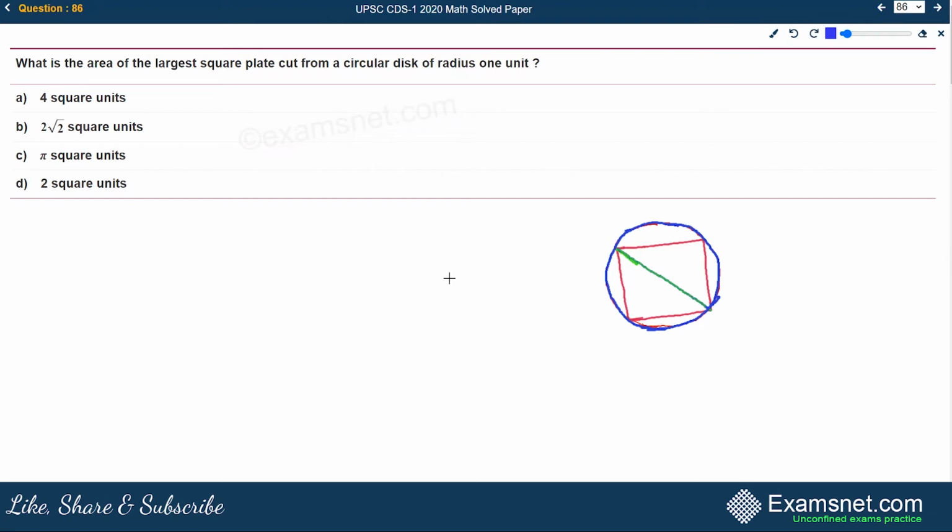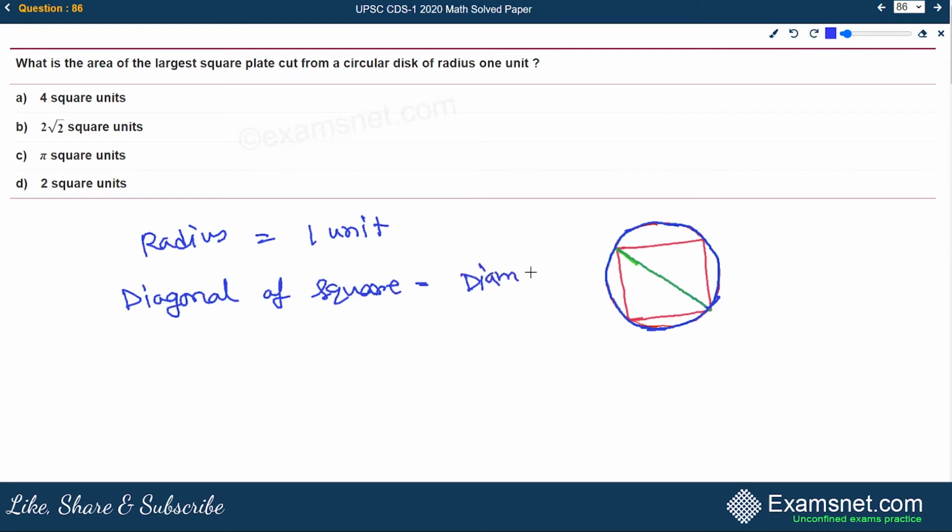Here, the radius of this circular disc is 1 unit. Now the concept that we are going to use, as you can see in the figure, diagonal of square is equal to the diameter of circular disc.